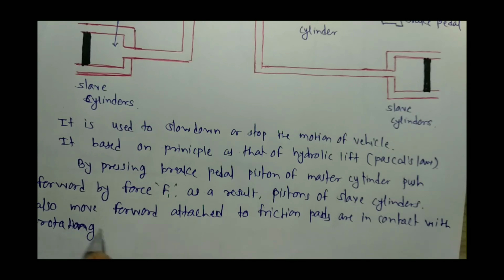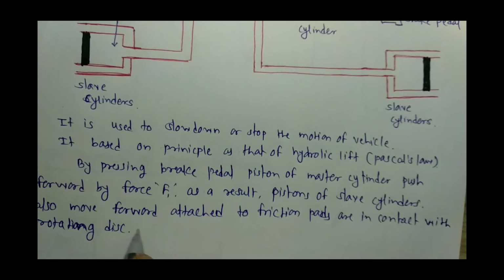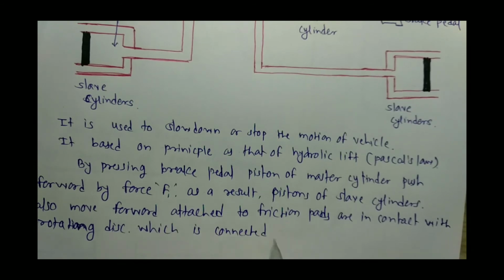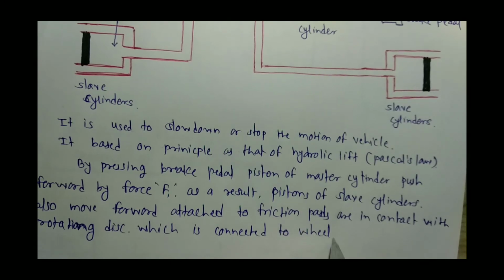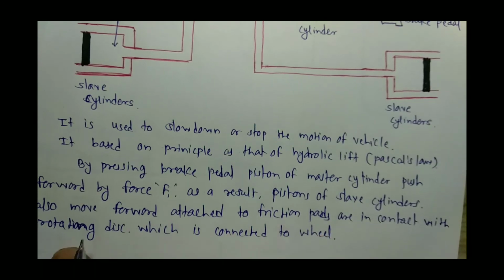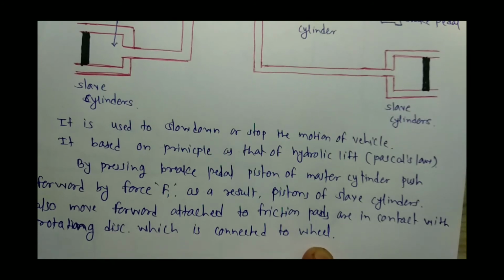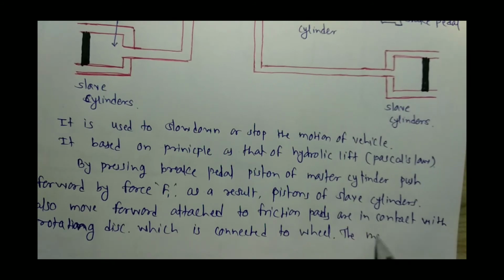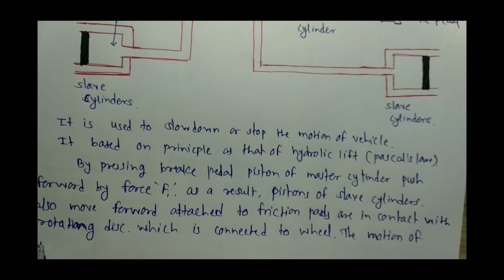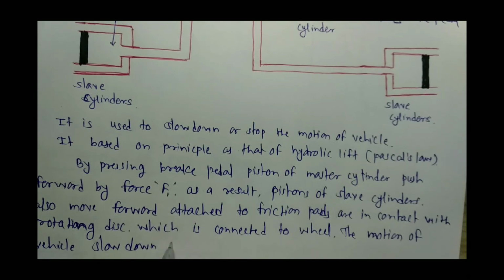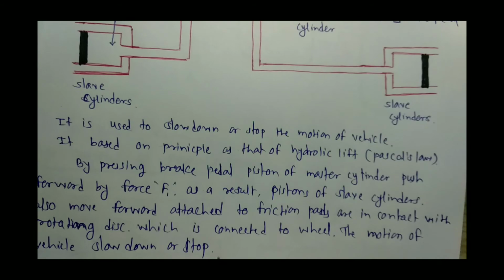The rotating disc is connected to the wheel, and thus, due to the friction pads, the motion of the vehicle slows down or maybe stops.